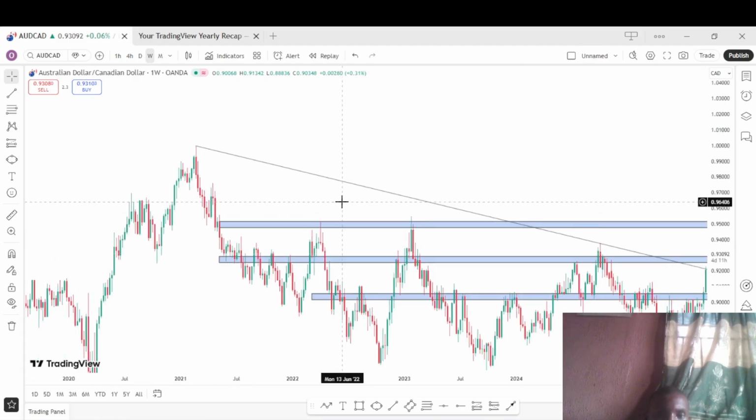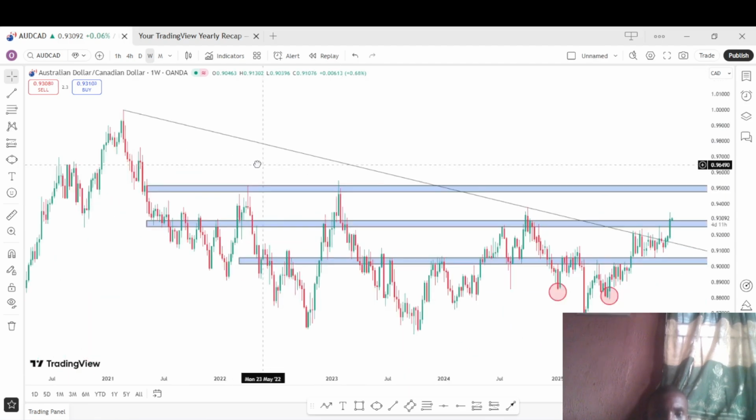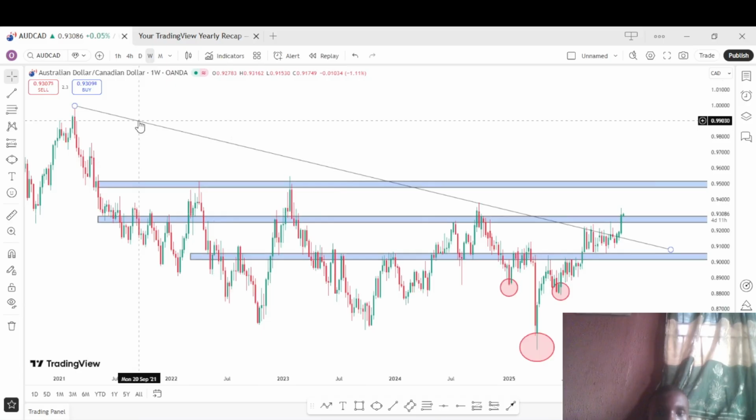If you look at it, this is a very good example. This is from high to low. At this point, the market has been in a downtrend since when? Since February 2021, and it has just come out of the downtrend. At this point, this is December 2025.